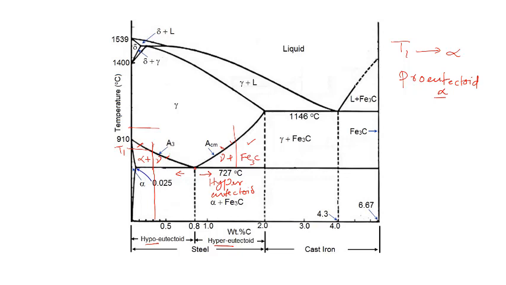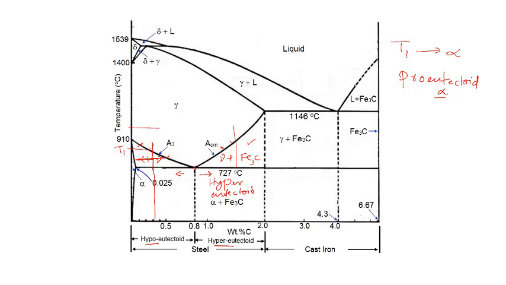Right, and as you lower the temperature further, the fraction of this pro eutectoid alpha phase will increase, and that can be found by a tie line if you want. We have already learned it. Any temperature here you could find out what is the fraction of this alpha phase and the corresponding fraction for the austenite phase also.